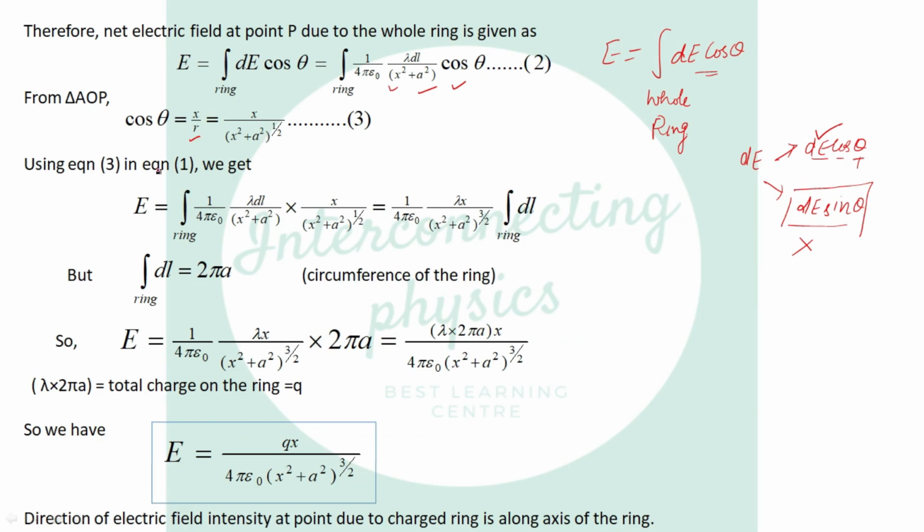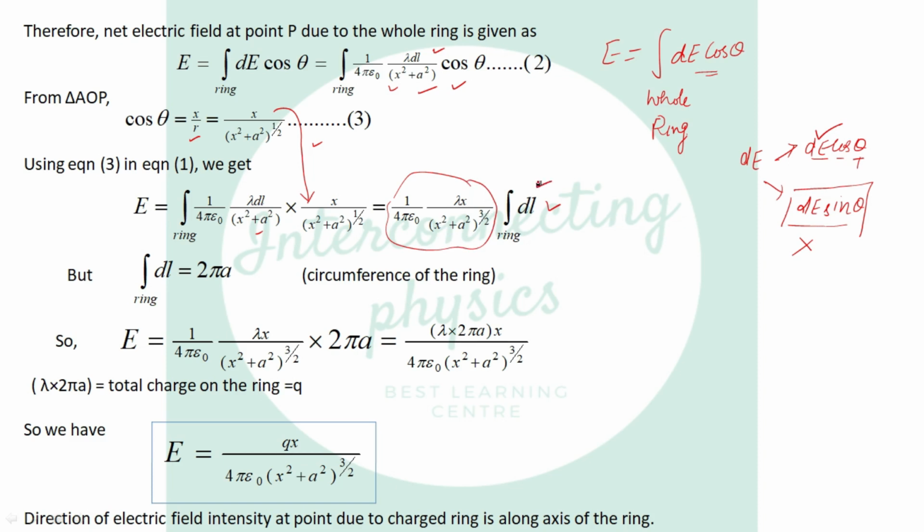Now using this equation in equation number 1, we see E equal to 1 over 4 pi epsilon naught lambda dl over x square plus a square into, put the value of cos theta, 1 over 4 pi epsilon naught lambda x over x square plus a square raised to power 3 by 2 integration of dl, because these all are constant terms and can be taken outside the integration.